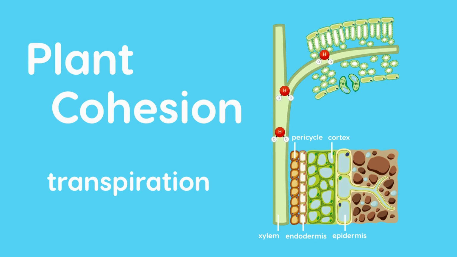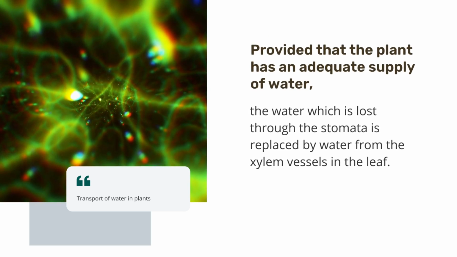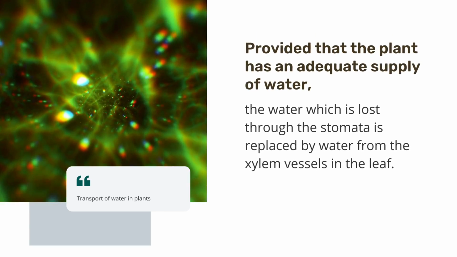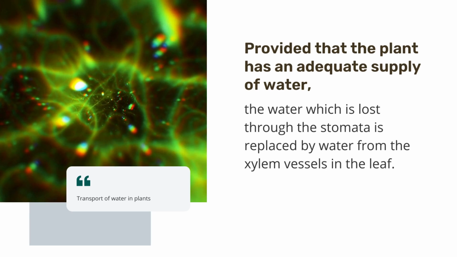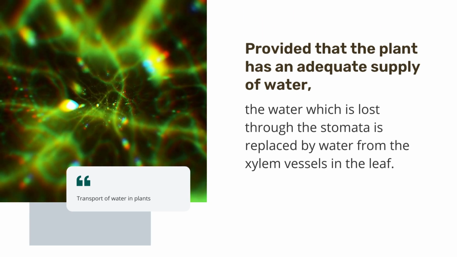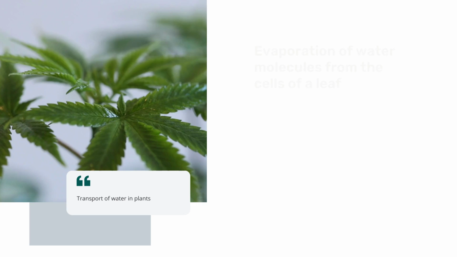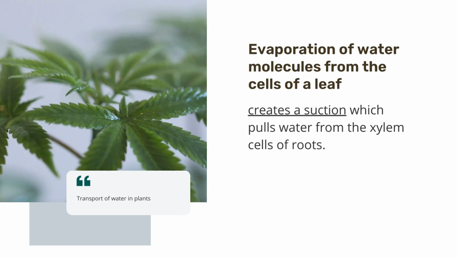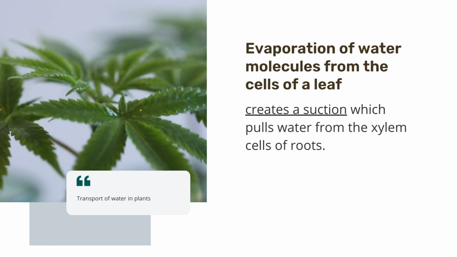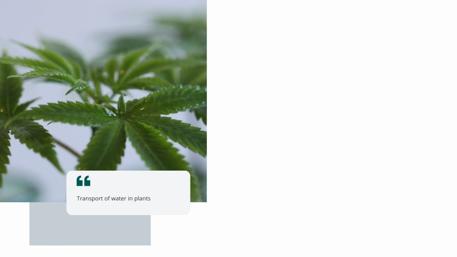Going back to our discussion on xylem and phloem now. Provided that the plant has an adequate supply of water, the water which is lost through the stomata is replaced by water from the xylem vessels in the leaf. In fact, evaporation of water molecules from the cells of a leaf creates a suction which pulls water from the xylem cells of roots.